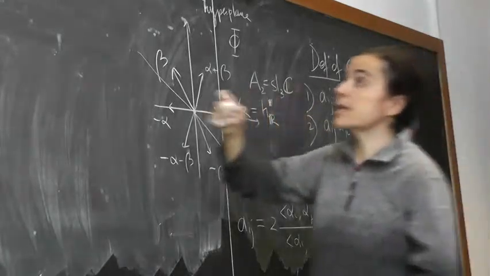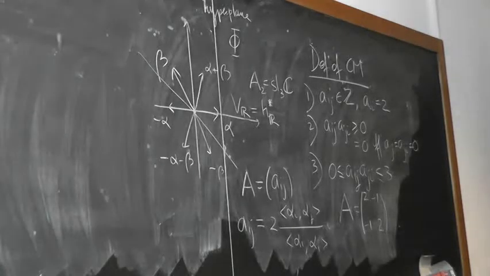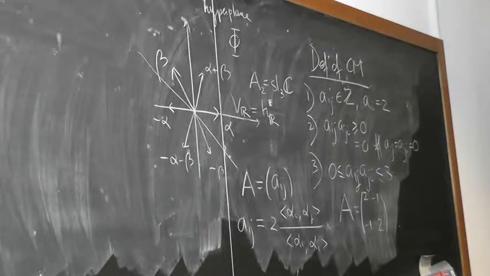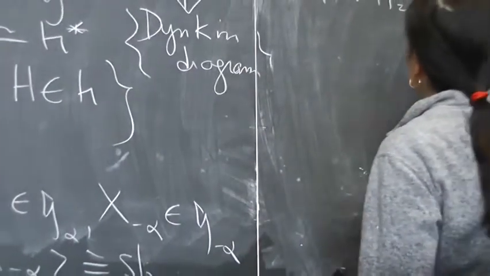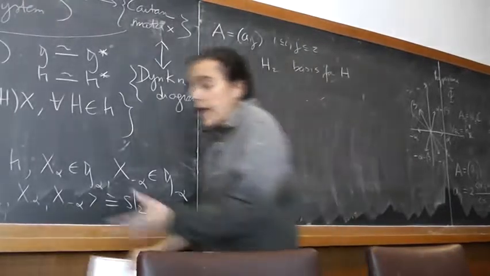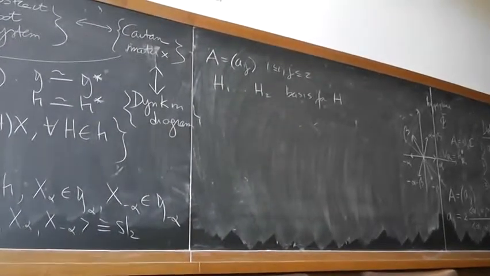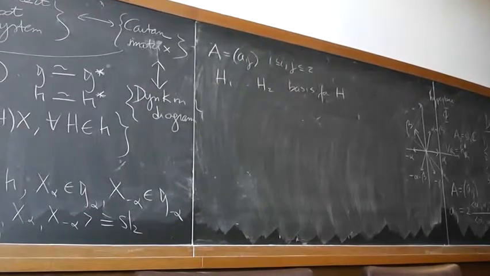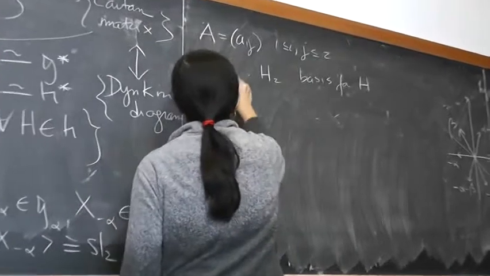So what I'm saying is that if you have a Cartan matrix Aij, with i and j going from 1 to r, you're forced to have H1 through Hr. So these have to be bases for H. You don't know yet, okay? I'm just saying what we know. You know the brackets of these elements.